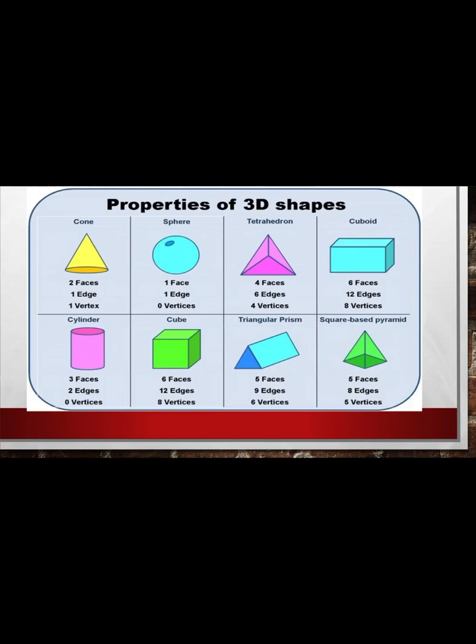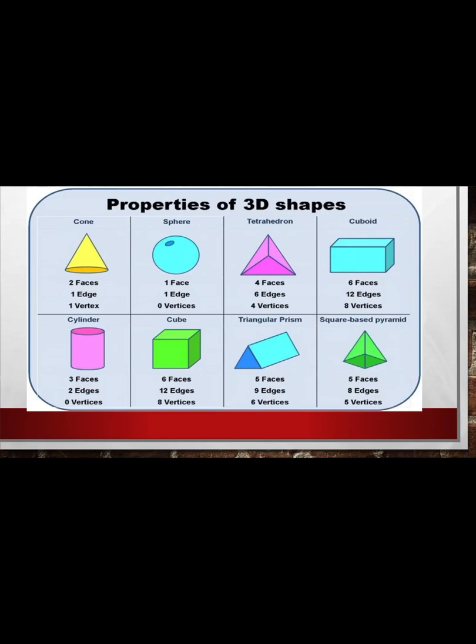Tetrahedron: four faces, six edges, four vertices. In a cuboid, 6 faces, 12 edges, 8 vertices. In a cylinder, 3 faces, 2 edges, 0 vertices. In a cube, 6 faces, 12 edges, 8 vertices.